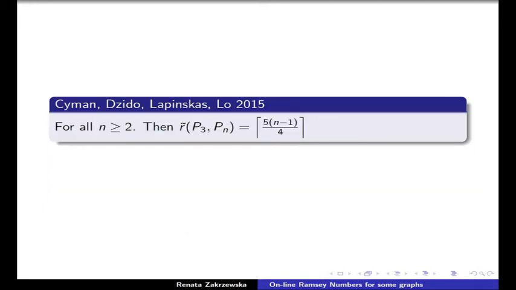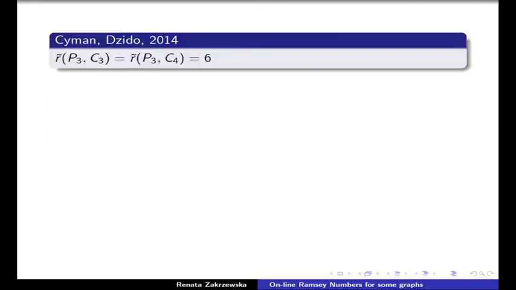In 2015, Cyman, Dzido, Lapińska and Lo proved that for all n at least 2, the online Ramsey number of P3, Pn is equal to this value. Cyman and Dzido in 2014 proved that the online Ramsey numbers of P3, C3 and P3, C4 are equal to 6.